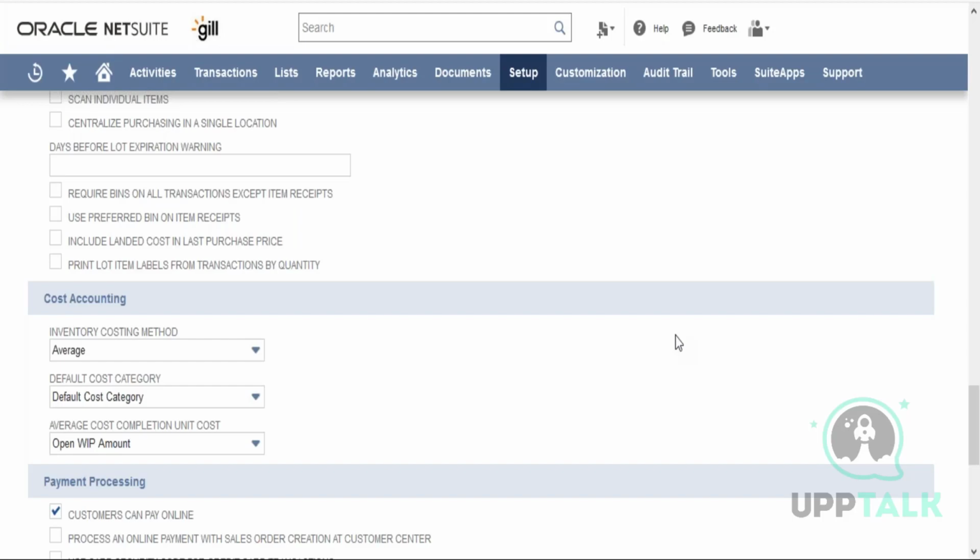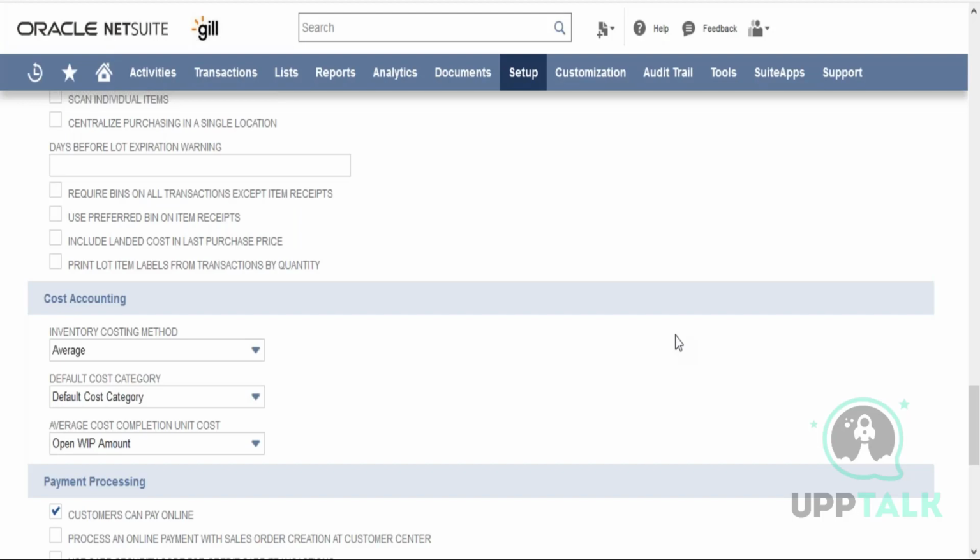Similarly, tomorrow the cost of that chair has reduced, say it is 970 now. It will still keep the standard cost of the chair at 1,000, and it will put the minus 30 to the variance account. So this is the standard costing.